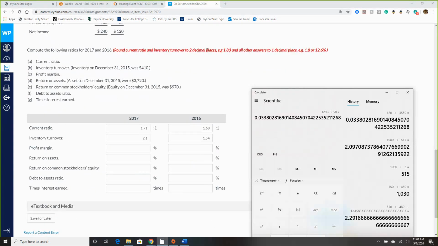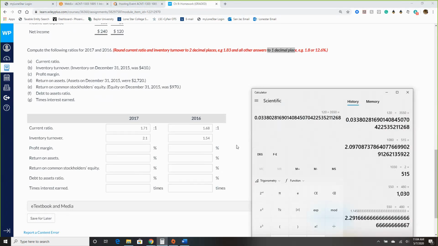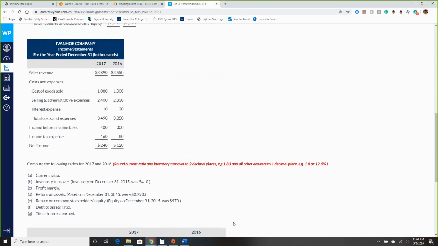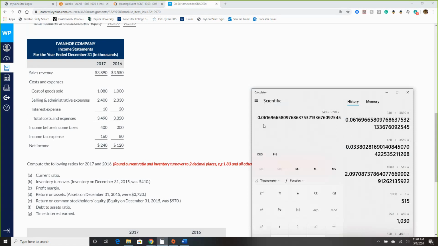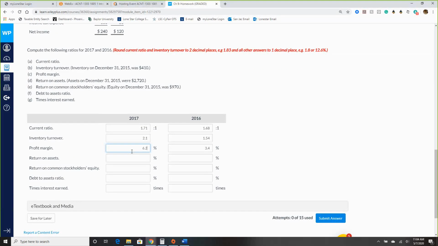And remember, everything else now, if we already did the current ratio in inventory, is 1 decimal place. So this is 3.4%. Okay. And again, for 17, we have 6.2%. Basically, pretty much double. It's pretty good.